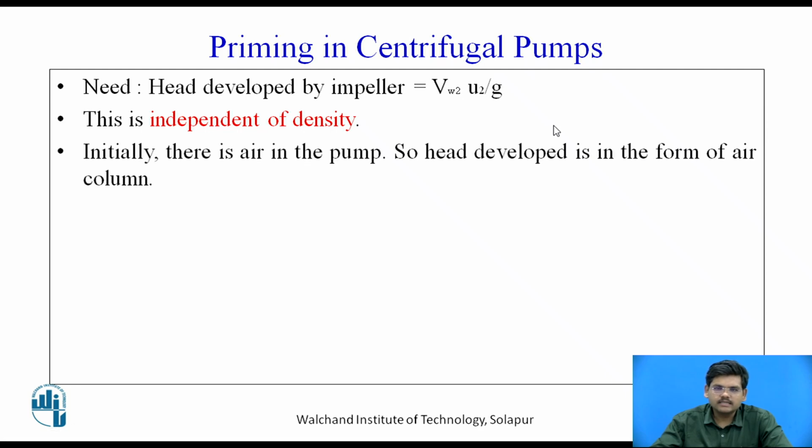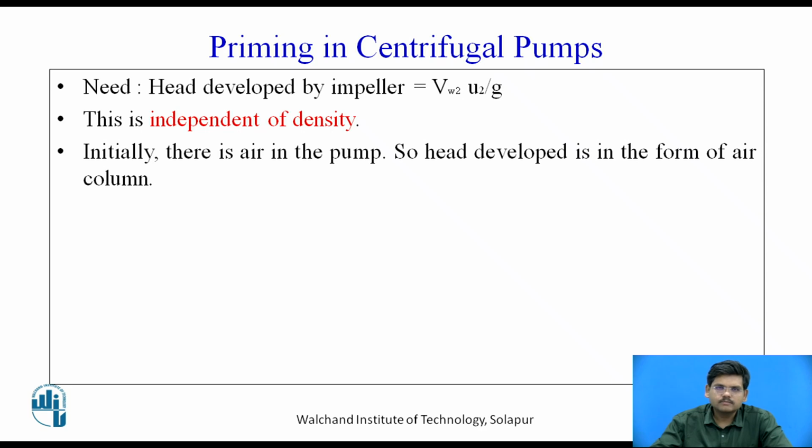Now, initially, before we start the pump, the suction pipe, the casing and the delivery pipe are occupied by air. So the head developed is in the form of an air column.